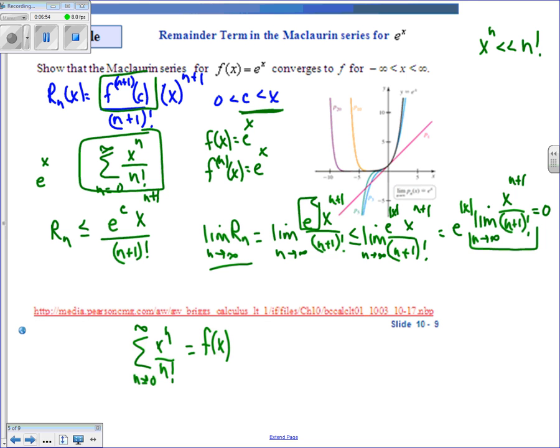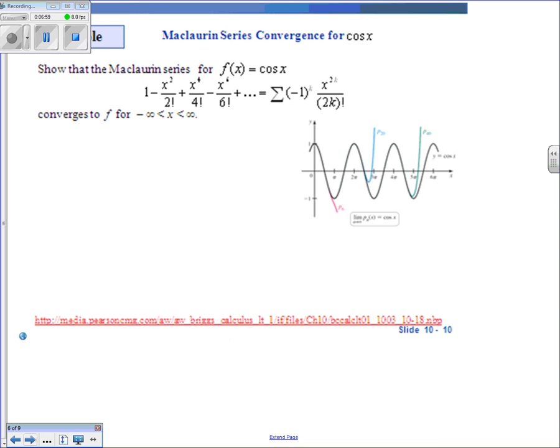Okay, so now let's look at another one. Let's look at cosine of x. We got the Maclaurin series, had just those even terms. Now I want to look at the remainder. I'll know the function f is what this infinite series converges to if the remainder has a limit of 0.